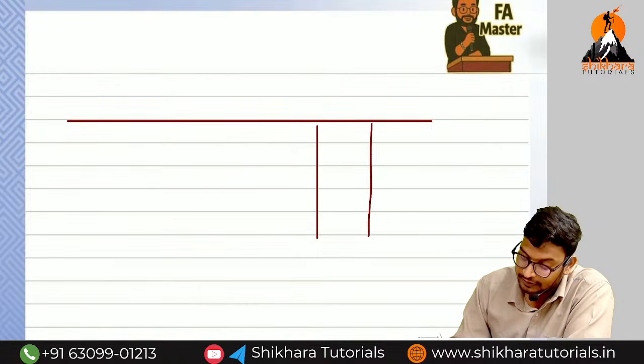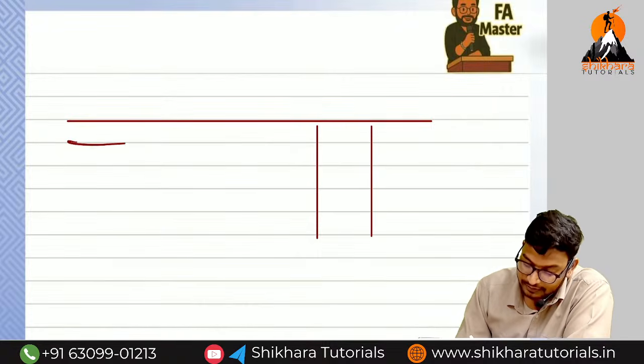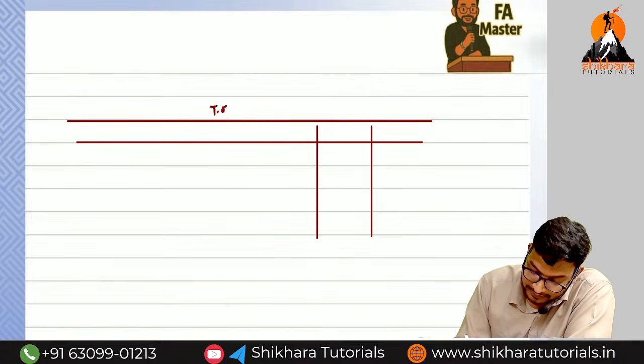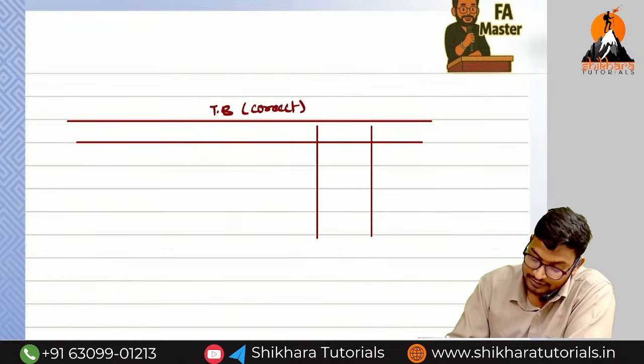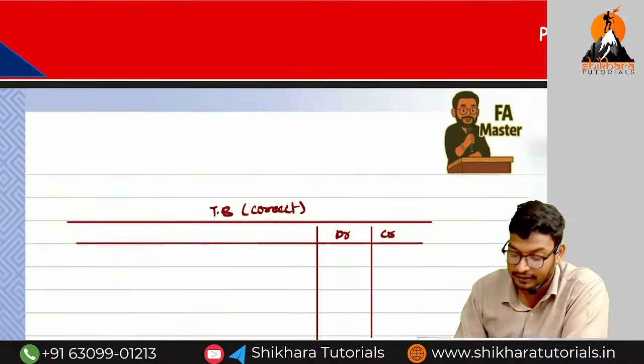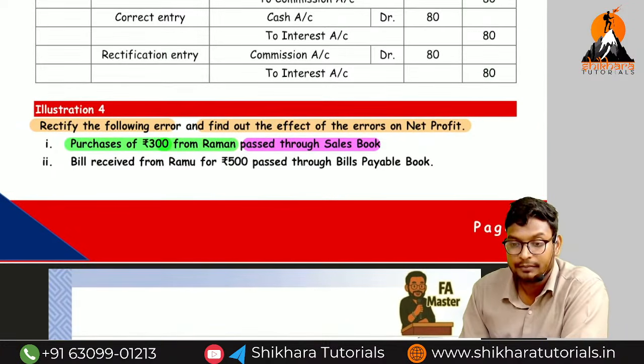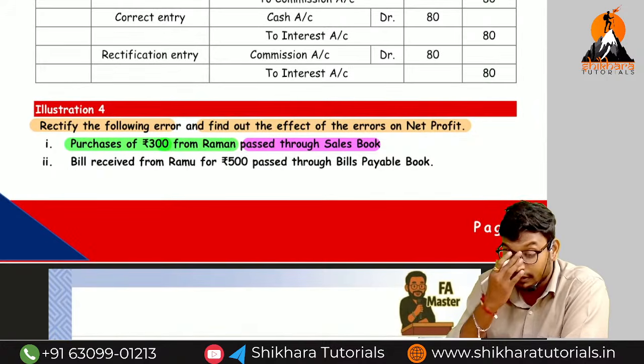Entry debit means trial balance debit. Entry credit means trial balance credit. Okay na? So trial balance. First the correct one I am doing. This is a debit and this is the correct one. Green one, pink one. So the green one is the correct. Purchase account debited to Ramana account.